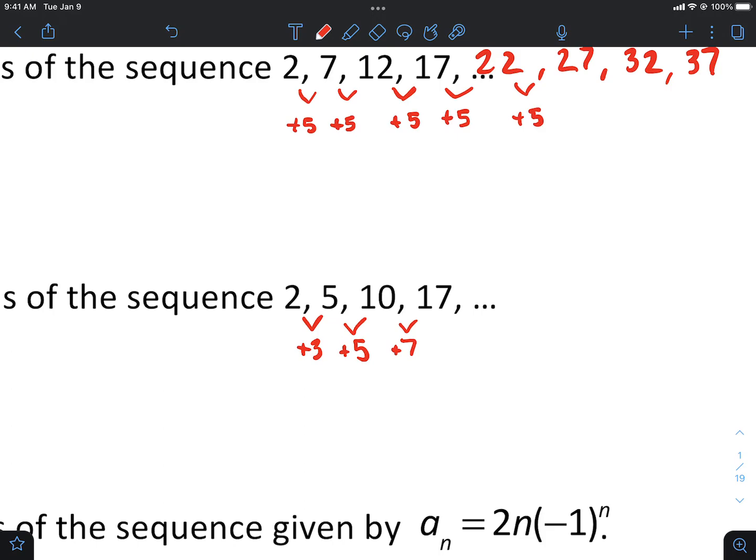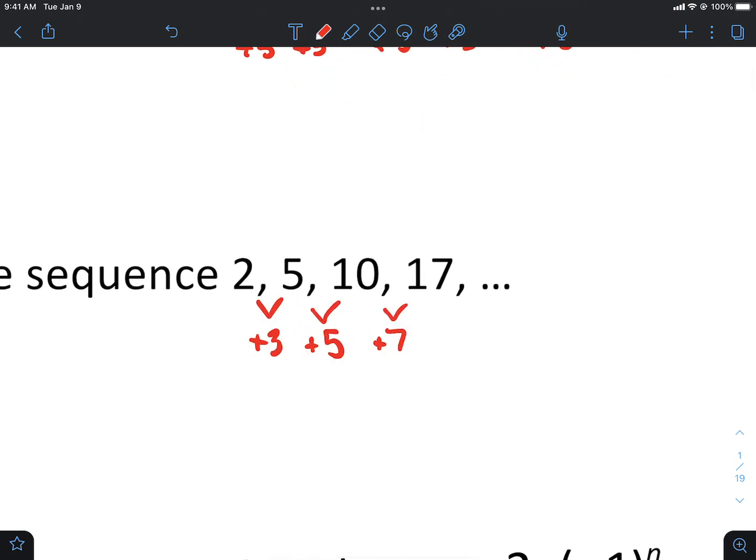So what you're doing each time is adding 2 to what you added previously. So it's basically a second level of adding, and you call it a second difference. You talk a little bit about that in calculus. That's essentially what's going on here.